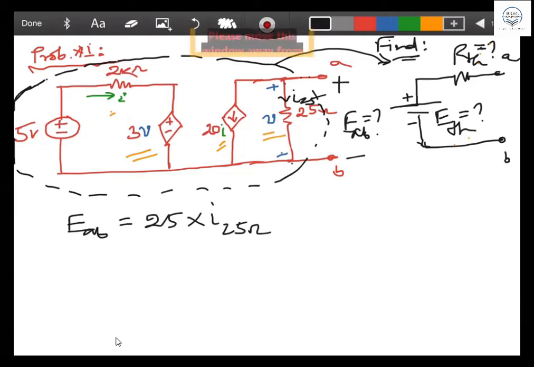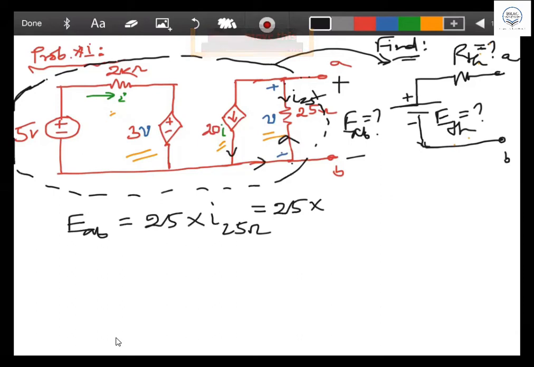That's it. Now, what will be the I25? That's a question. Can you tell me what will be the I25? So 25 times, what is the I25 then? The current flow. Not from there, in the circuit. So 20I.